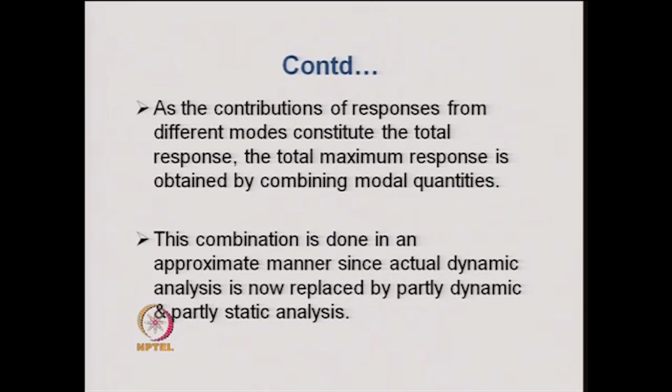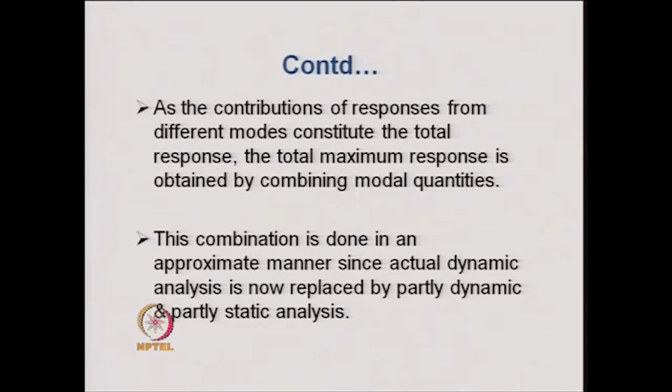Then one has to combine these modes or the modal responses obtained in each mode of vibration, and these modal responses are the maximum responses that would have occurred if the structure were vibrating in that particular mode. And then we have to combine these responses in order to find out the total response of the structure.